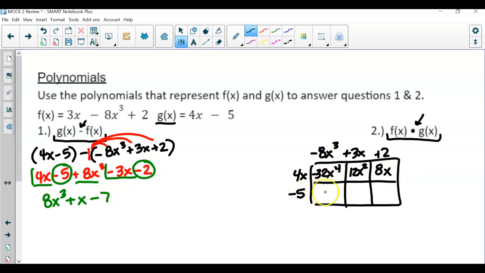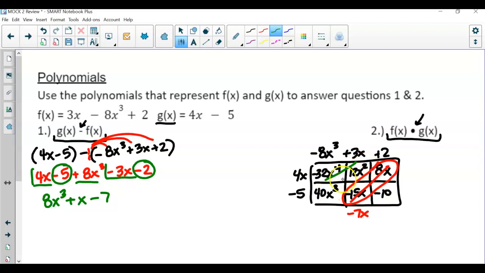Now I've got a negative times a negative, making that now a positive 40x cubed. 3x times negative 5, negative 15x. And negative 5 times 2, negative 10. Then notice here, like terms, I've got negative 15x plus 8x, which is negative 7x. We don't have any other like terms to combine.